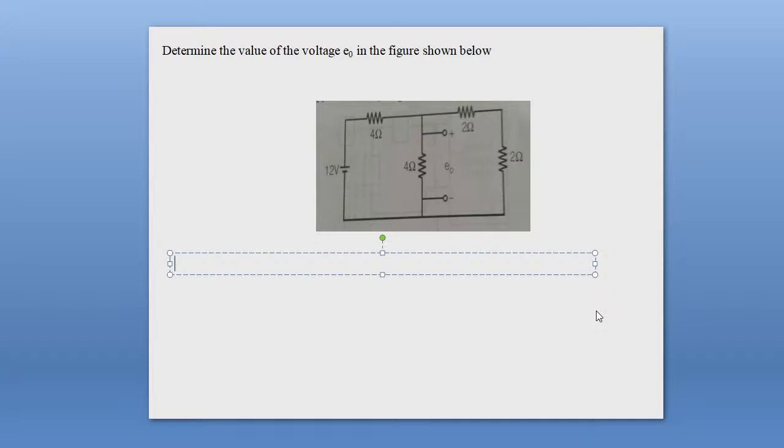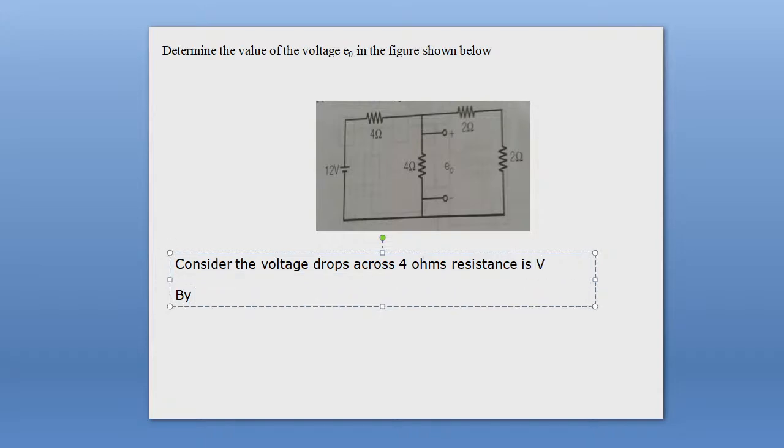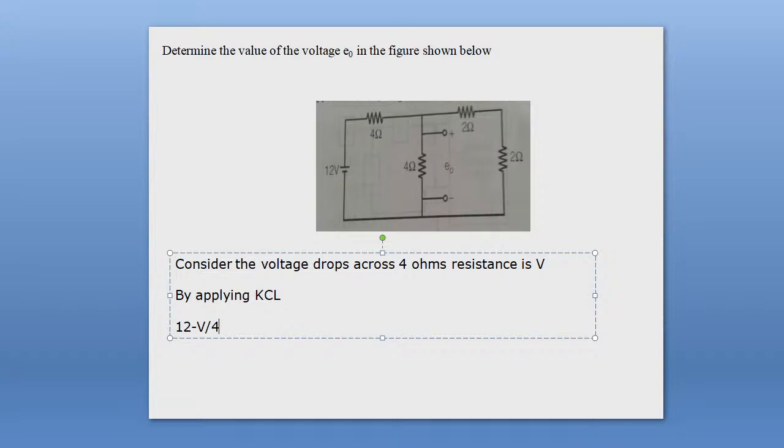Consider the voltage drop across the 4 ohm resistance is capital V. Then we can write, by applying KCL at this node, 12 volt minus capital V divided by this 4 ohm resistance, equal to capital V by 4, this I1 current suppose, plus capital V divided by the sum of these two resistances, 2 plus 2, 4 ohm resistance.